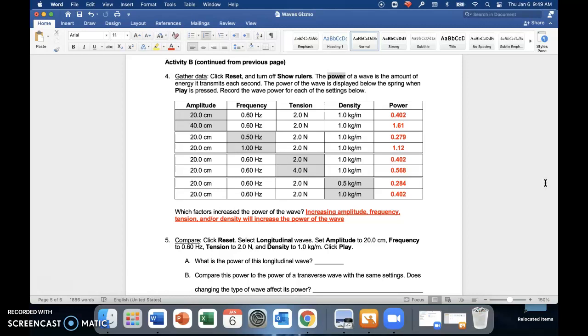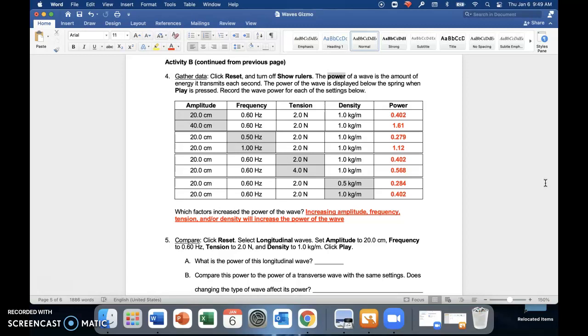So the question is, which factors increase the power of a wave? All of them did. Whether you increased amplitude, frequency, tension, or density, you were going to increase the power. Well, I won't say proportional, but they directly affect the power. Increasing any of those 4 is going to increase the power of the wave.